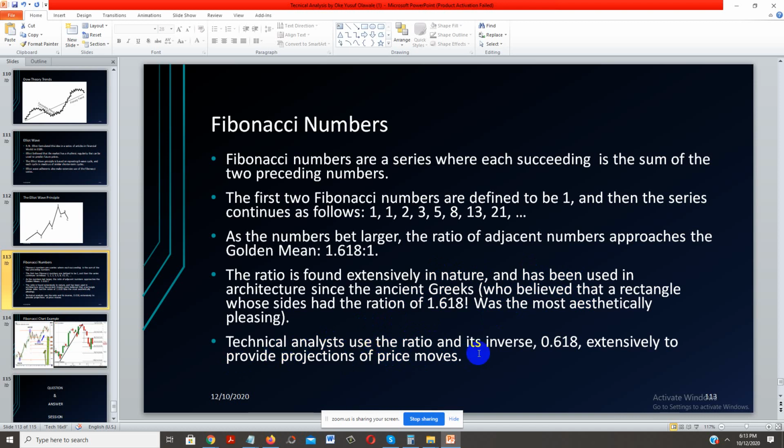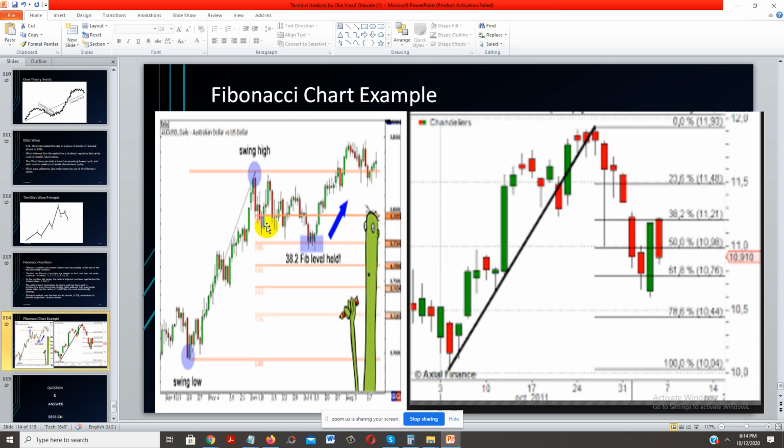Now, technical analysts use the ratio and its inverse, 0.618, extensively to provide projections of price movements. I'm going to probably handle Fibonacci with you again, but it will be on the live class because this material did not capture it 100%, sir. But I think this image might also explain it very well for us.